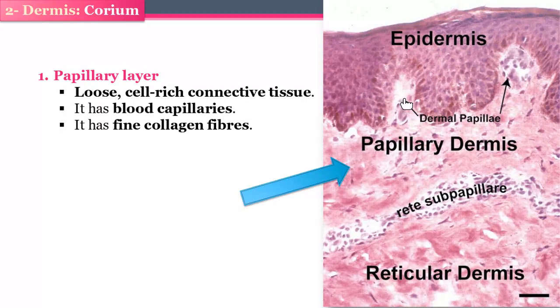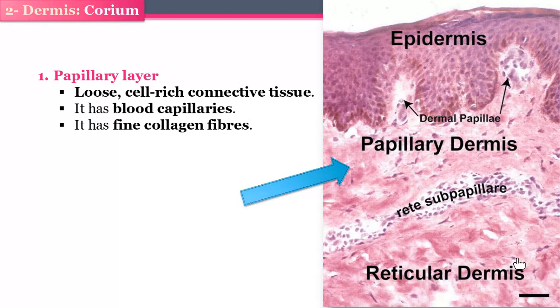These are the growths of connective tissue going inside the epithelium. So that is why it is called the papillary dermis, and the deeper part is the reticular dermis. The papillary layer is basically composed of loose and rich connective tissue. It will have the capillaries or the blood supply, and it has fewer fine collagen fibers. That means more vascularity and less collagen fiber.